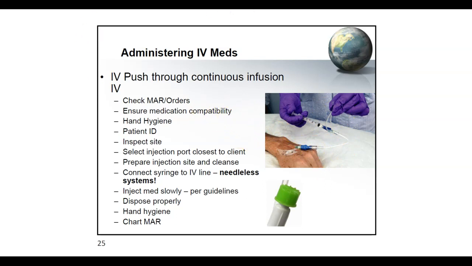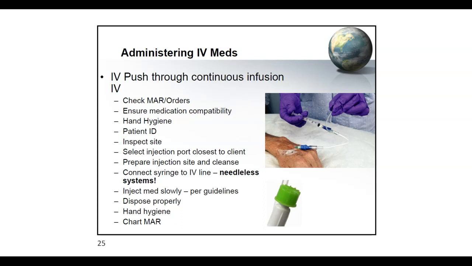Anyway, if you have an IV medication ordered, an IV push ordered, make sure you're checking your MAR, verifying it against the order, make sure they're matching. Again, your 6, now probably we're going to 8 rights of medication administration. So check all your rights, make sure all the information is matching and correct. And then also think about compatibility.